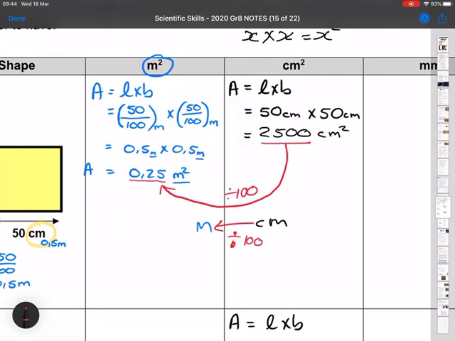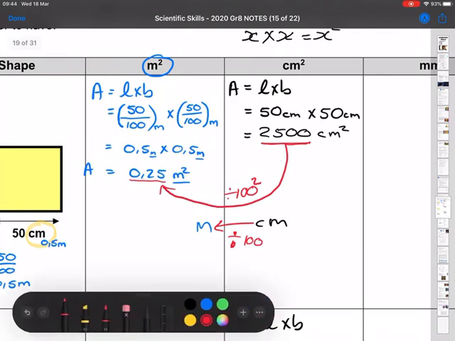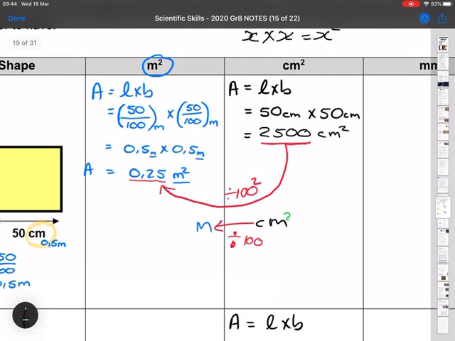So when you're dealing with surface area, you actually have to convert twice. If I wanted to go from 2,500 centimeters squared and convert that to meters squared, you actually have to divide by 100 twice. So divide by 100, divide by 100. So if you've got centimeters squared to meters squared, you're going to divide by 100 squared.